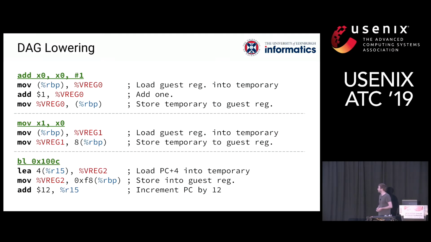And when the basic block is translated, we lower that tree, and we get the machine code for the host platform that we're running on. So that add x0 at the top gets loaded to those 3 x86 instructions, the mov, those 2 there, and the branch with link gets loaded to those 3 x86 instructions as we come across each of those side effect nodes in the tree.